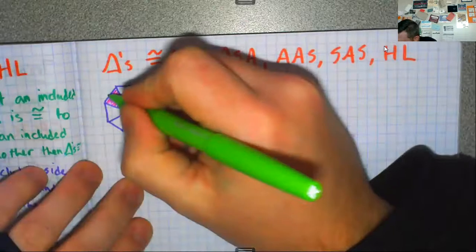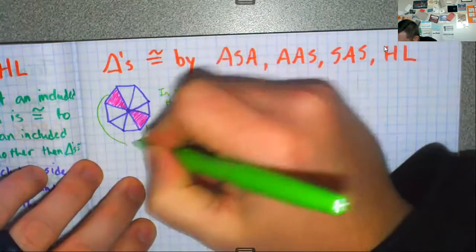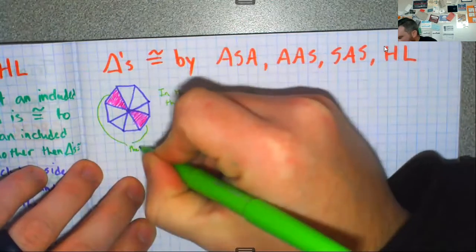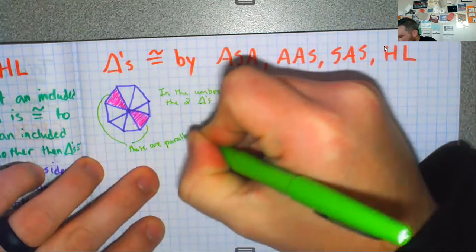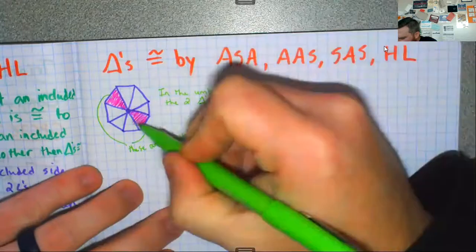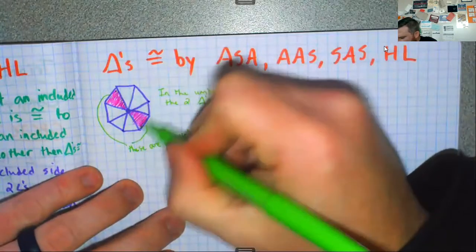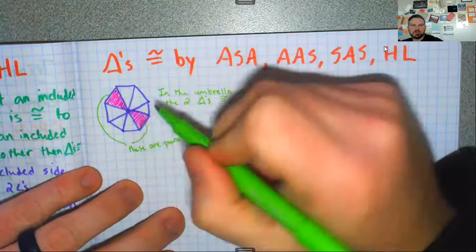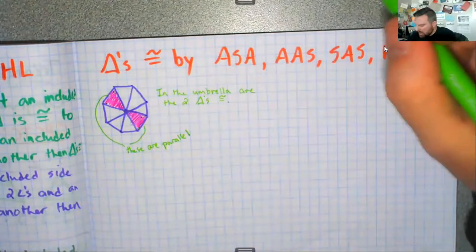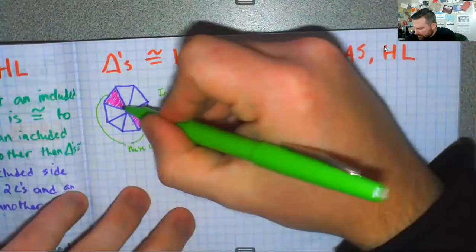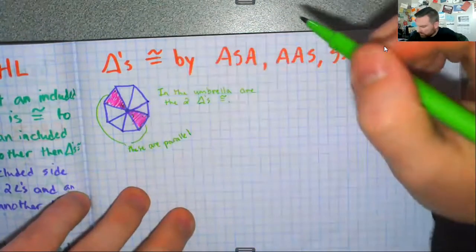So this line and this line, these are parallel. Okay, so that makes these opposite angles the same because those are alternate interior angles. And then these two angles right here are also the same because they're vertical.